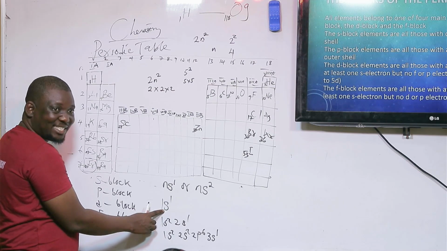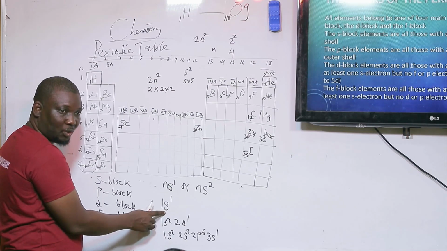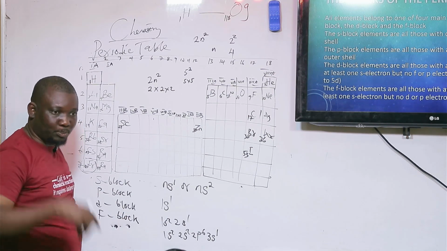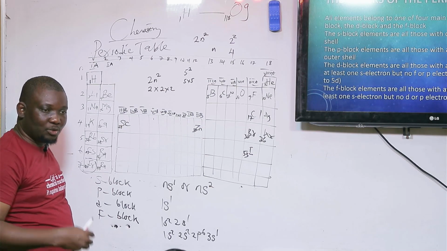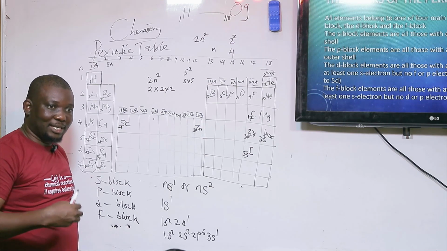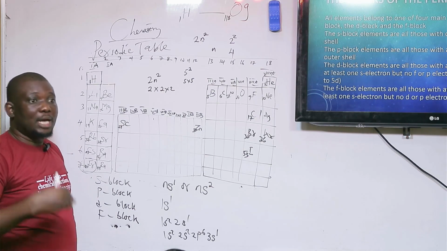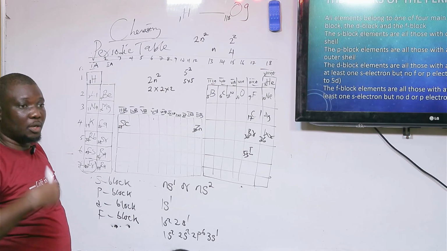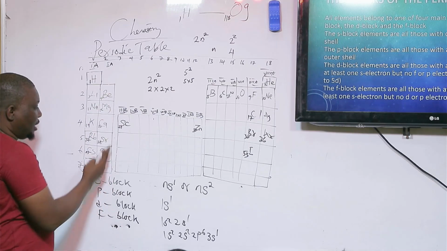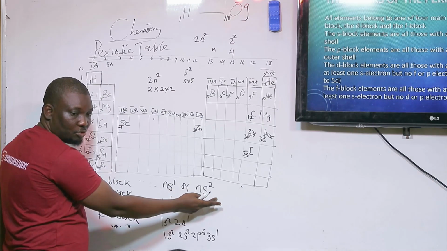For the fact that the last subshell is S, the last electron appears to be in that S block. Element whose last subshell is S, the maximum number of electrons in that shell should be what? 2. So that's why those here will be ns2.